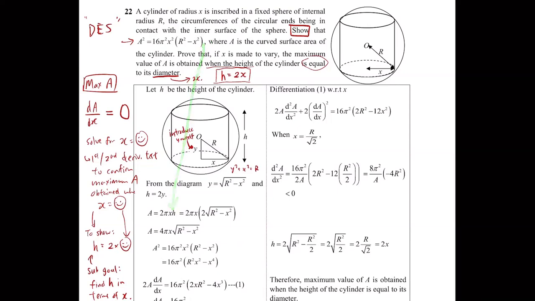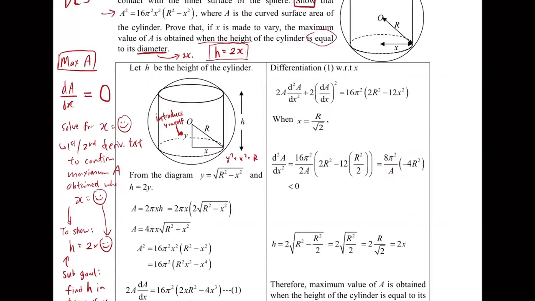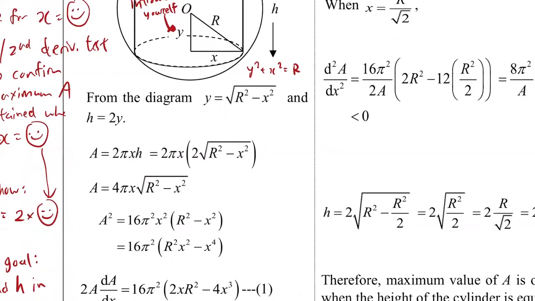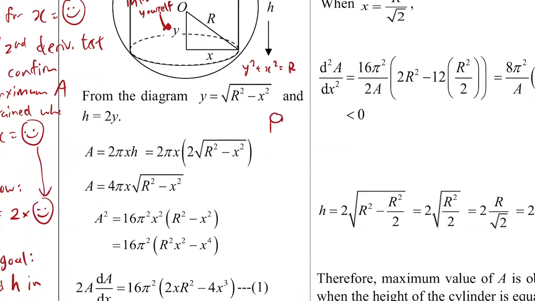Okay, so how do they get this expression 2 pi x times h? The curved surface area of a cylinder. So you need to understand how a cylinder is formed in terms of its net. A cylinder is just this shape here. But if you want to find total surface area, you have to split it up.